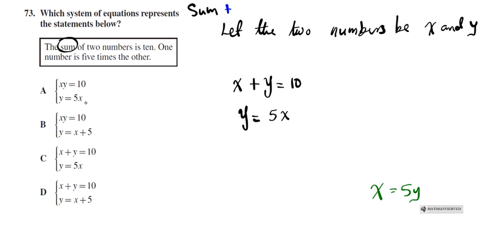It doesn't really matter. But in this case, y is the one that's been isolated, so we need to follow the procedure of the options that we have. So this is a better option to do. So the first equation represents the sum, and this is the product equation. So there you have your answer. All right, sum 10. One is 5 times the other. Your answer to this is option number C.